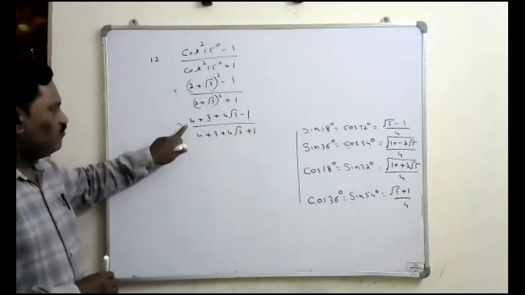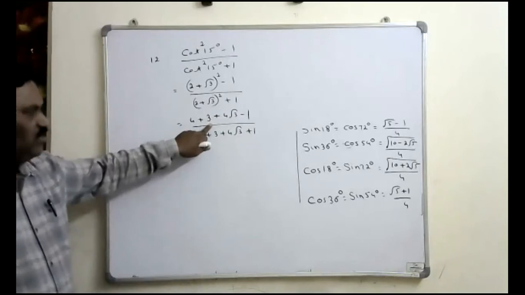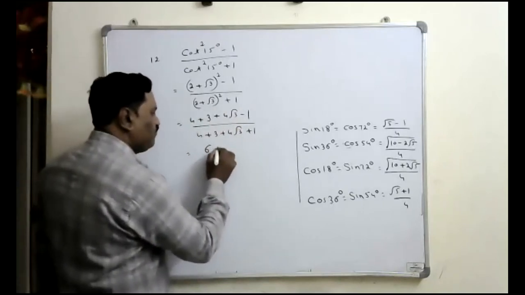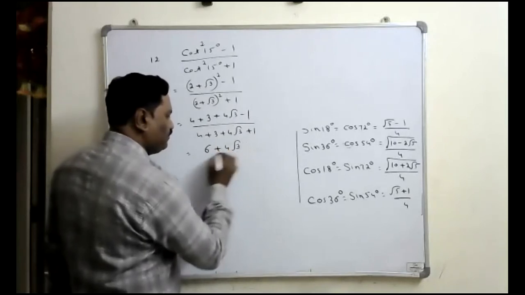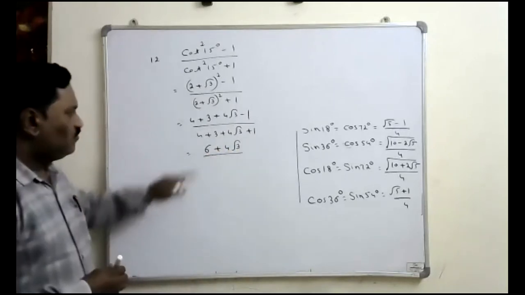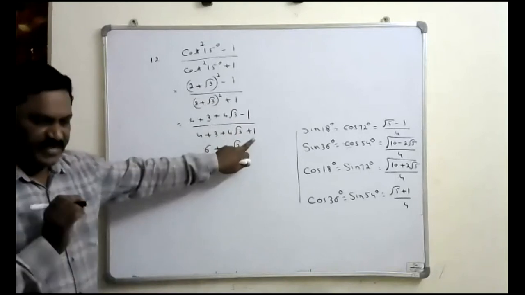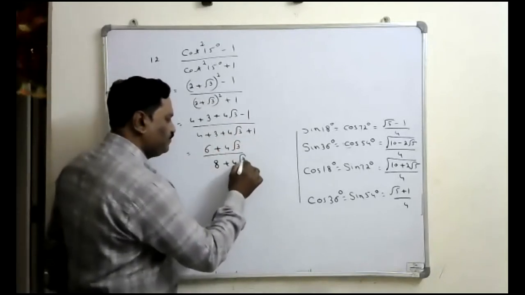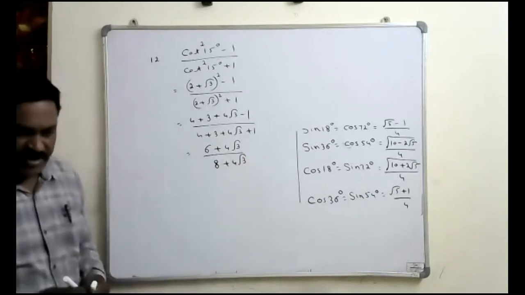Now 4 plus 3, 7 minus 1, that is 6, 6 plus 4 root 3 upon 4 plus 3, 7 plus 1, that is 8, plus 4 root 3. This is what we are getting.